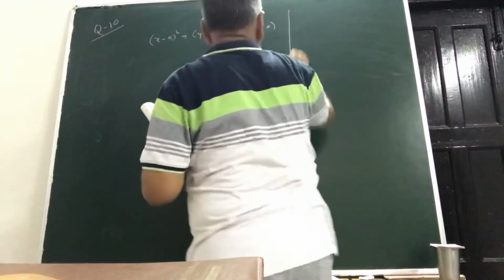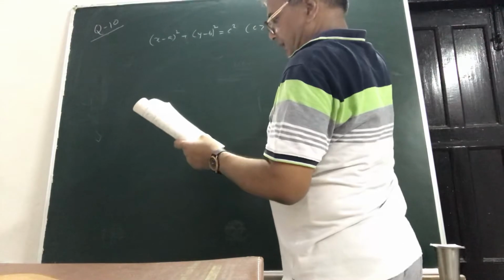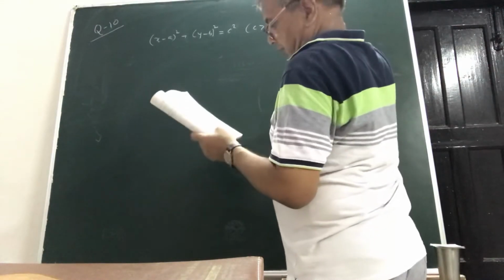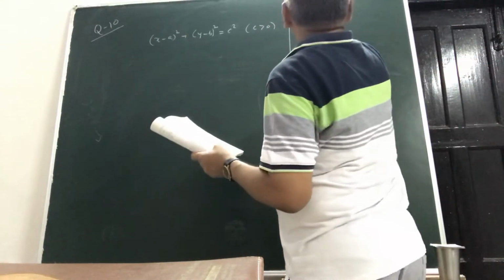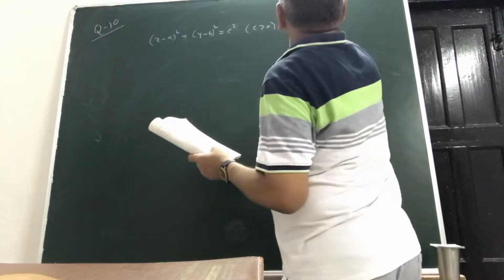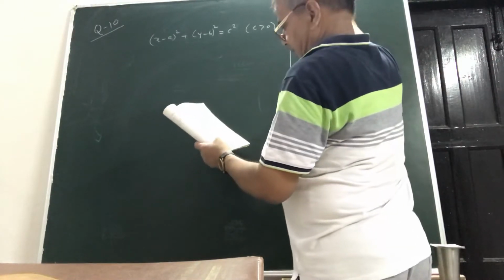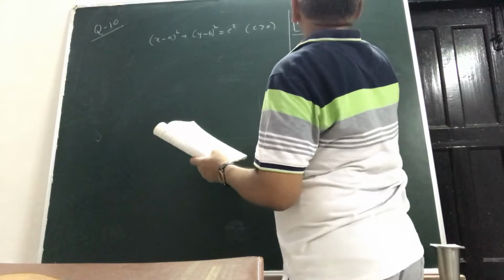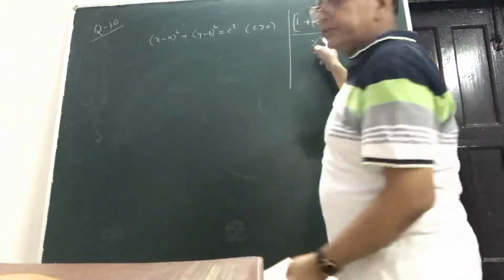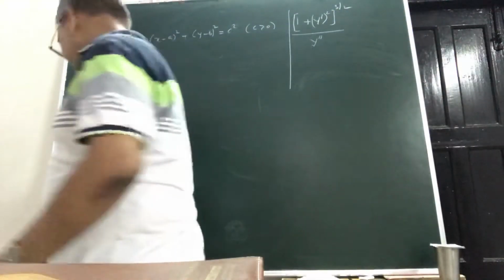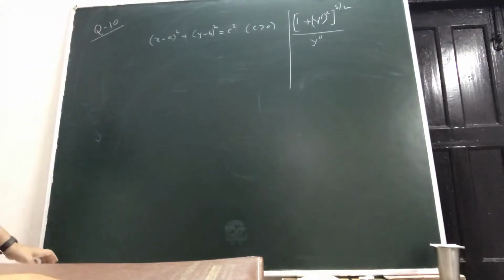What is given is, here I am writing 1 plus y dash, and y dash is squared here, and this thing is well within the bracket, and this is raised to 3 by 2, and this is y double dash. Y double dash means d2y upon dx square.